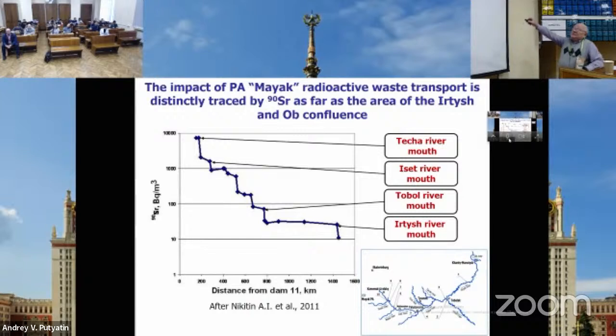So you can see very high concentration over here, and then the concentration is still high up to, let's say, 1,500 kilometers. 1,500 kilometers is the length of Japan. And traces of strontium-90 go up to 1,500 kilometers.